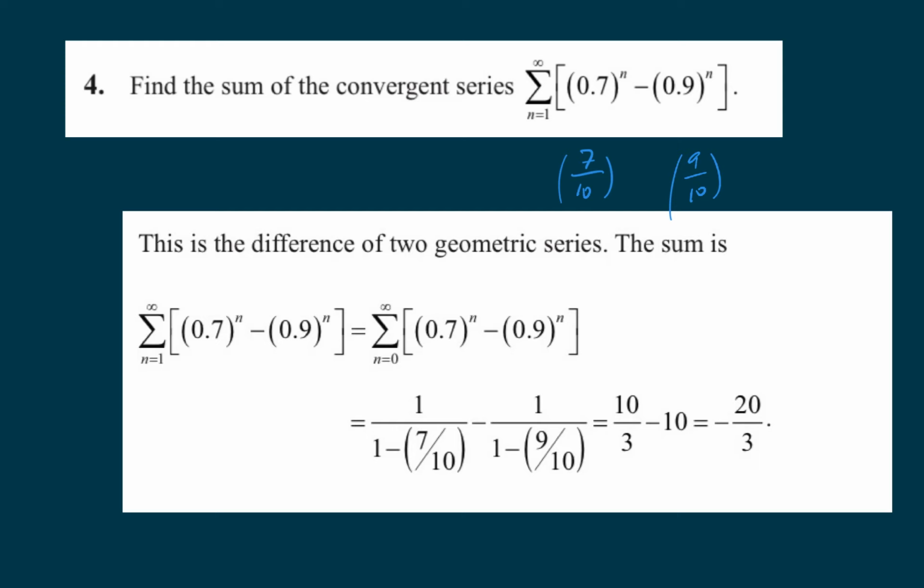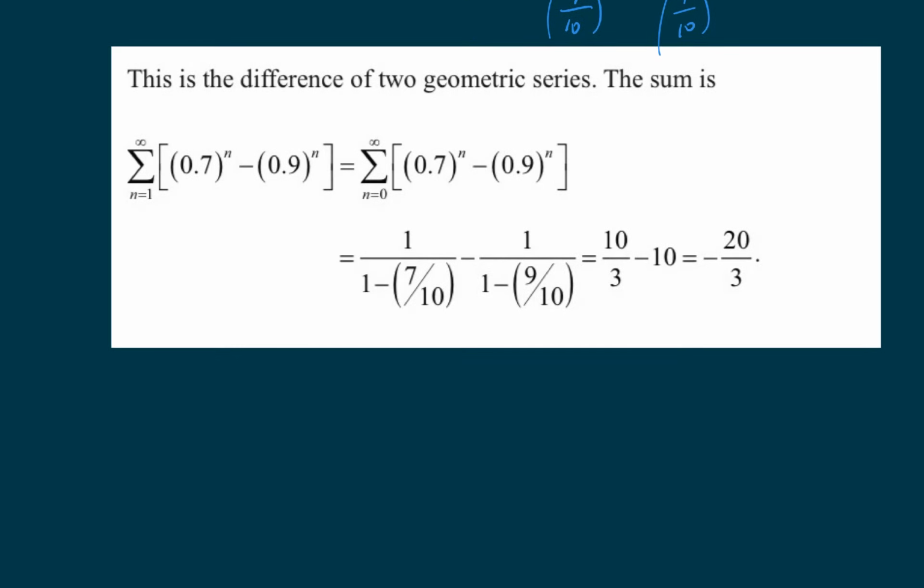Now I can apply my formula for a geometric series. The formula is that 1 plus r plus r squared plus r cubed plus r to the n, etc., the sum s is 1 divided by 1 minus r.